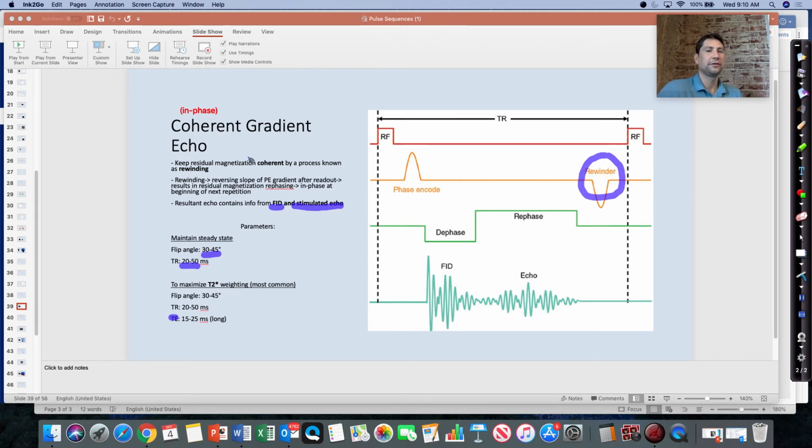So in coherent gradient echo, we're rewinding those spins in the residual transverse magnetization, and you're going to incorporate not only the stimulated echo, but the free induction decay. You want to keep your TE long because you're going to maximize your T2 star weighting. So coherent gradient echo is typically going to look like a T2 weighted sequence.